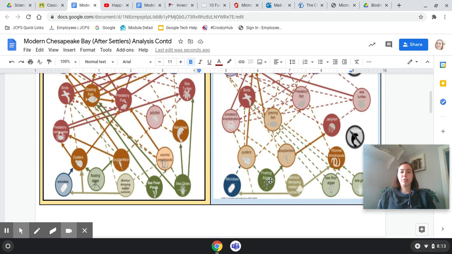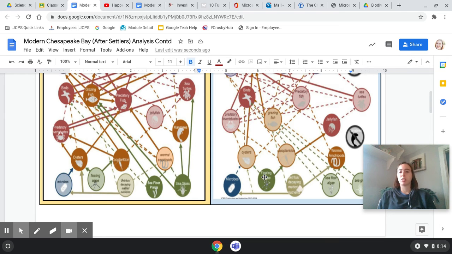Now, when I look at my food web and I find floating algae, I see floating algae is abundant. It is a dark circle. Floating algae gets consumed by 2 organisms, zooplankton and oysters. Zooplankton and oysters were abundant in my historic food web, but now zooplankton and oysters are rare.